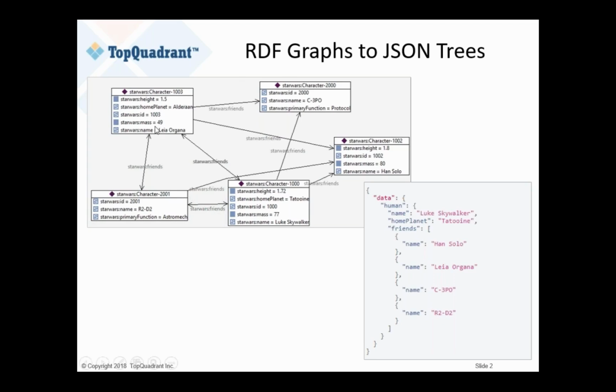So you need to somehow extract a structure that a client can process, and client applications typically like to work with JSON data. It's a very easy to process and easy to read format. And that's what this presentation is all about: how to get from a graph structure into a tree structure that gives the client, or any other application that wants to process the information, enough data for whatever task it has to do.